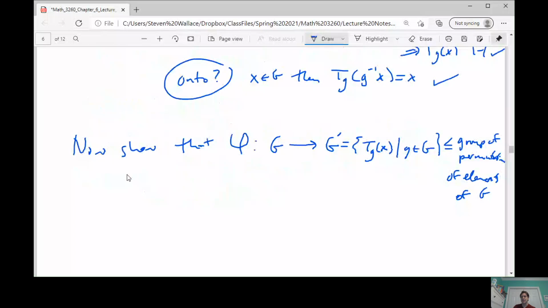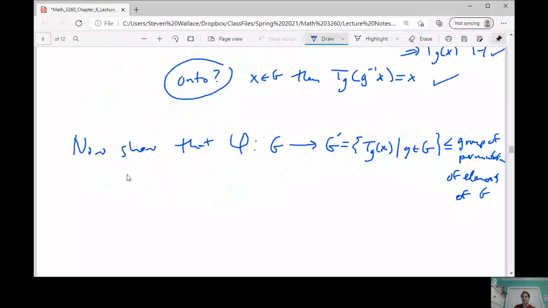Of course, this group over here may have more things than just this small set here. This set here has the same order as G, but the group of permutations on the elements of G might be much larger.